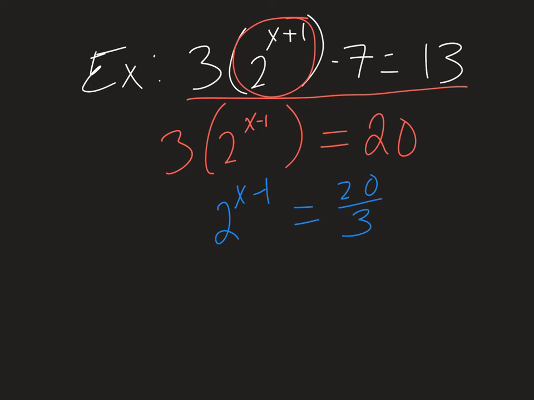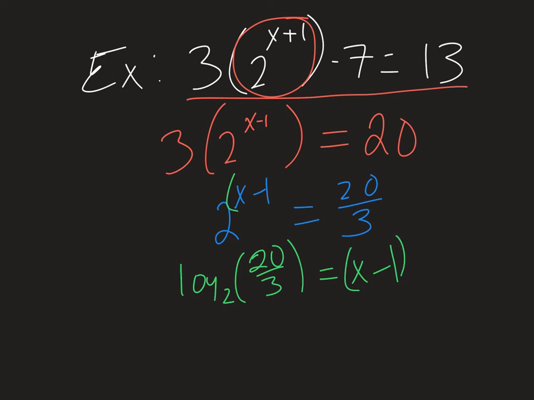Now at this point we're in a very similar position to our last example, so we can convert into a logarithm. And again, you can write down that example I use all the time. It helps me keep things straight. So we're looking at log base 2 of 20 divided by 3 is equal to x minus 1.